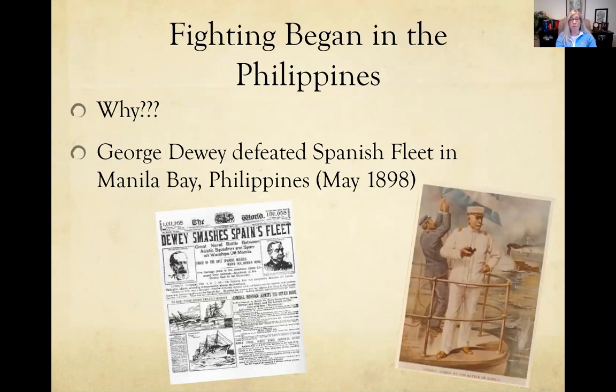And that was led by a guy named Emilio Aguinaldo. So Spain has had to split their forces to maintain control of the Philippines, while Emilio Aguinaldo and his revolutionary forces were wanting independence, and Jose Marti and his revolutionary forces were wanting independence in Cuba.